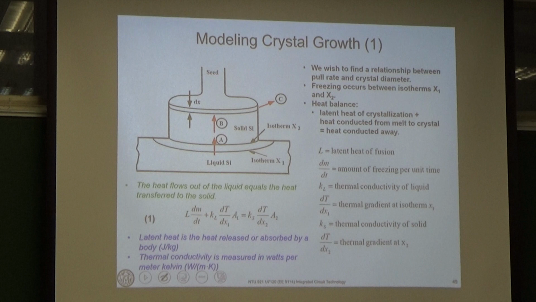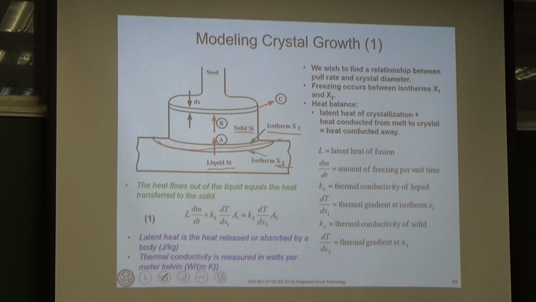Here is just a schematic picture: we have liquid silicon here, and this is solid silicon, and we have isothermal line X1 and isothermal line X2.